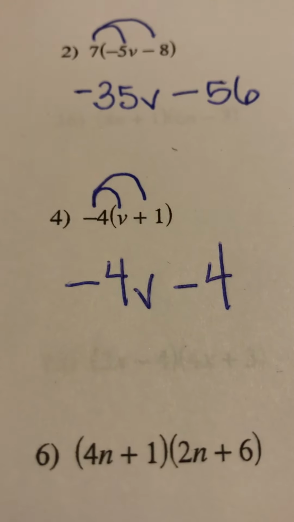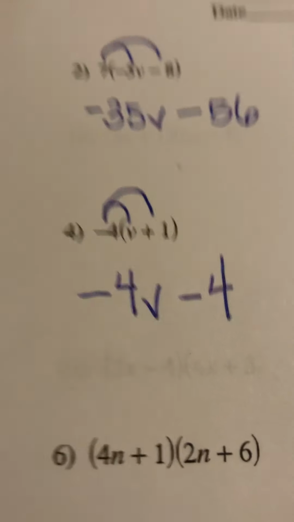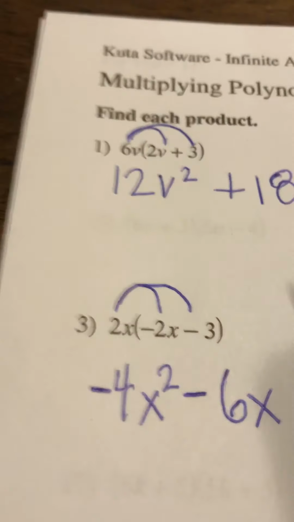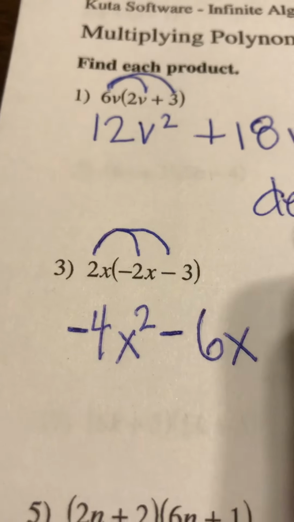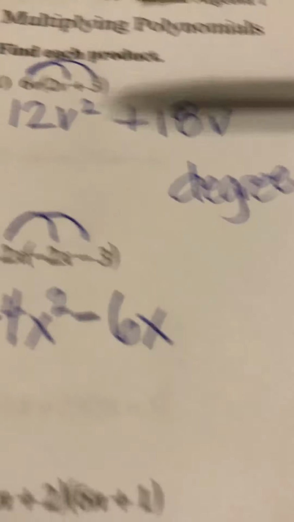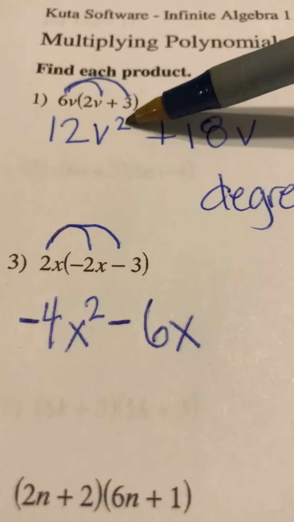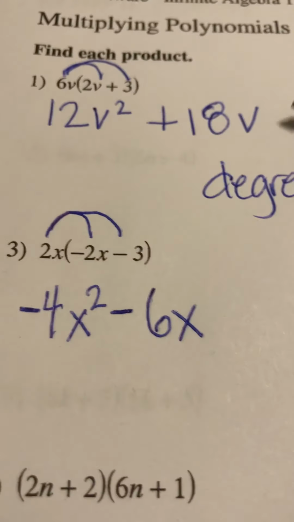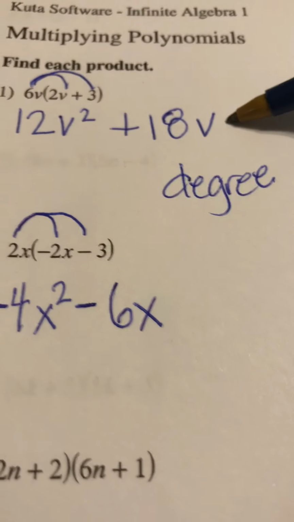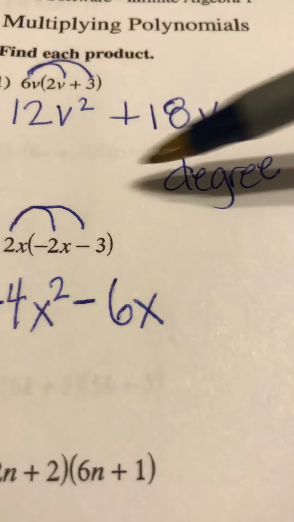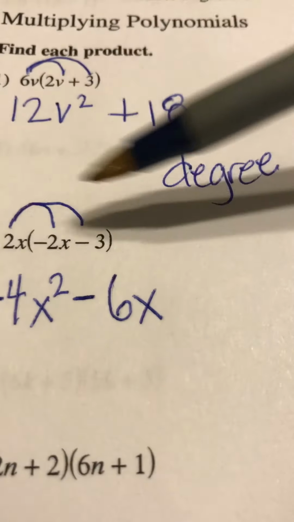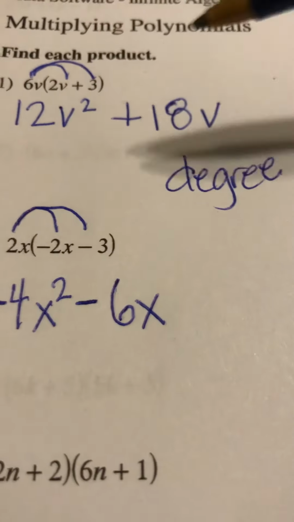The next thing, I just want to go back and do a little review. If you look at number 1, if I asked you for the degree, remember you look at the terms and see the degree of each term. This one has a 2, so its degree is 2. This one has a degree of 1. The degree of the polynomial is always the degree of the highest term.